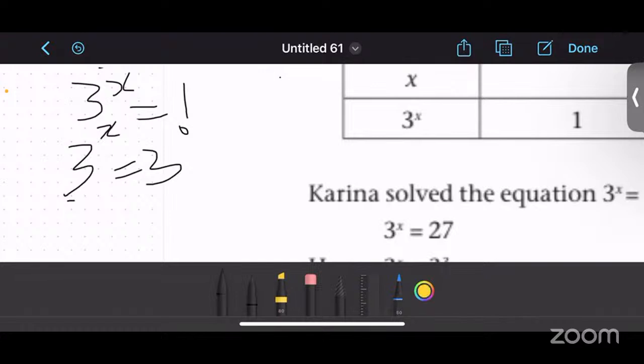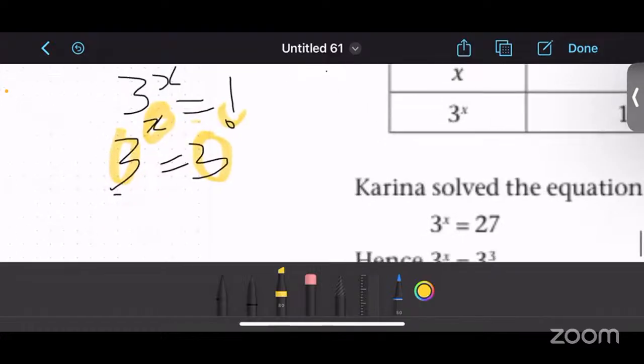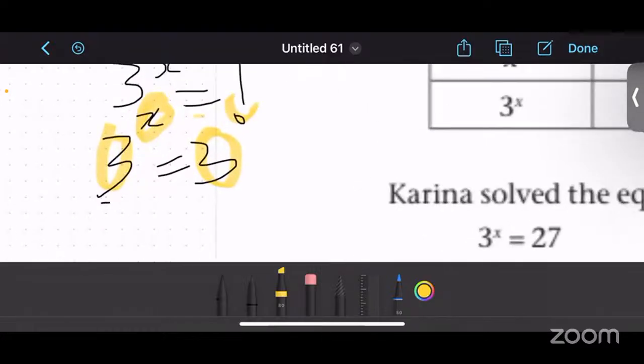Good. Now that we have the same bases, we can work with the exponents, right? We can bring the exponents down. So when we work with exponents, we're just going to forget about the 3, right? Then we write it exactly as it is: x is equal to 0.